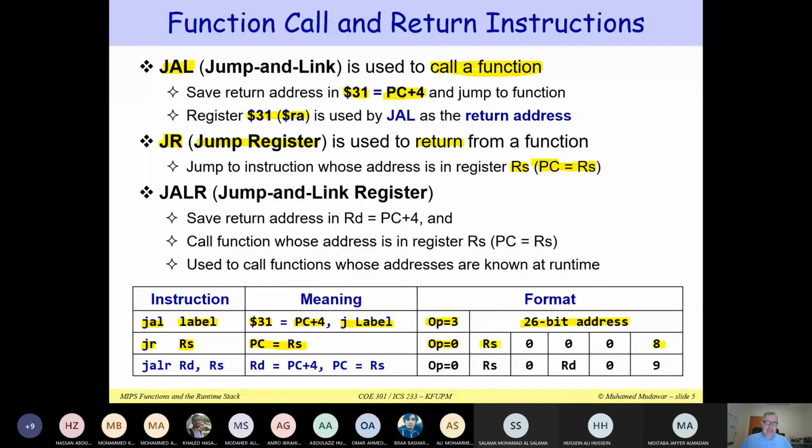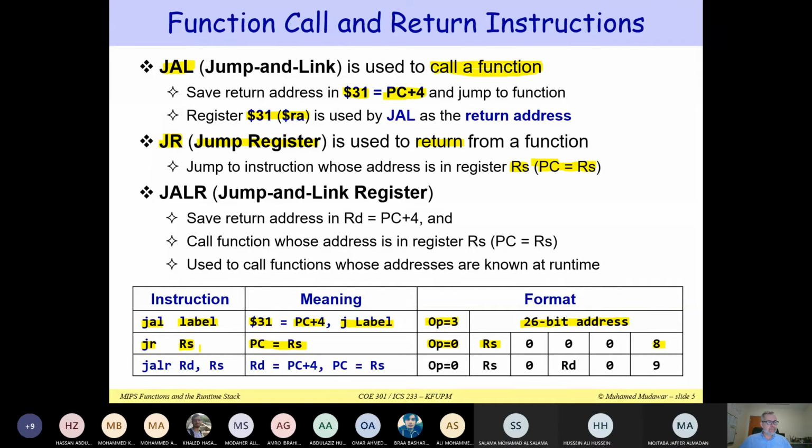All that it needs is just RS. RS here is a source register containing the address where we would like to jump. So it is an indirect jump because we are jumping to an address which is stored inside a register. It's different from the jump itself because we jump to a label. Here we don't really have a label because we don't know where to jump.